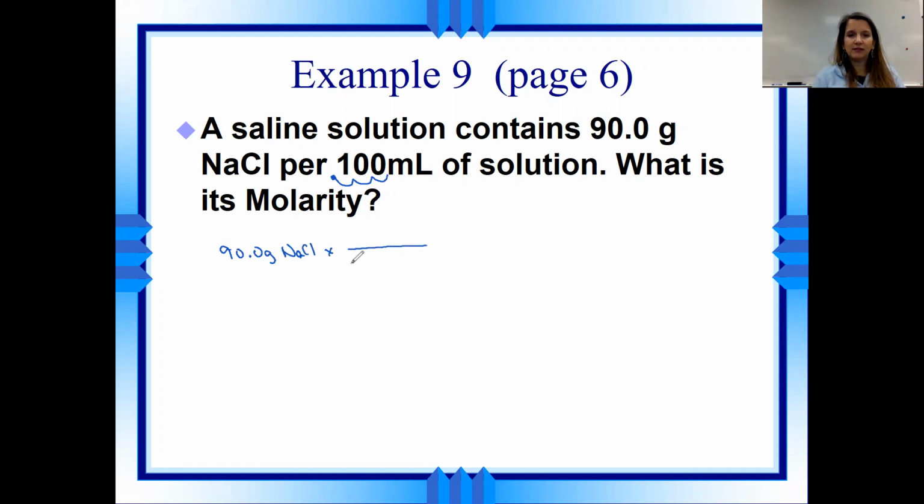So I have to put the molar mass of salt down here, which is 58.44 grams of salt, and I have 1 mole of salt up here on the top. So when I calculate here, I'm going to get 1.54 moles of NaCl.